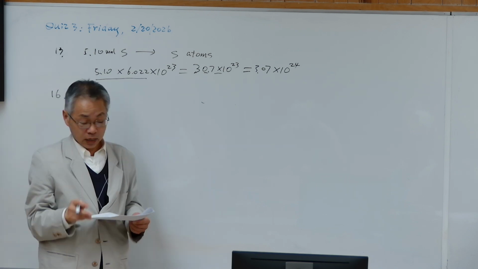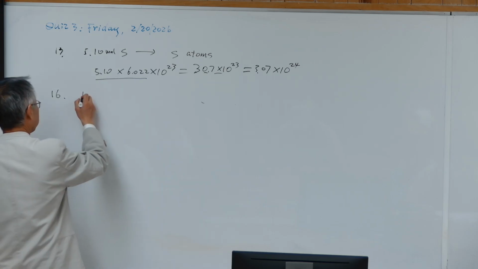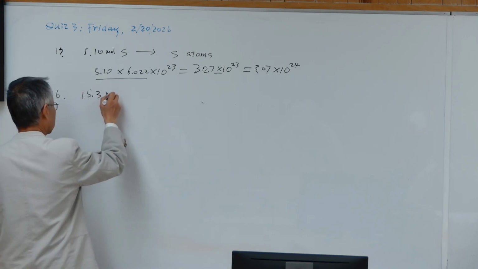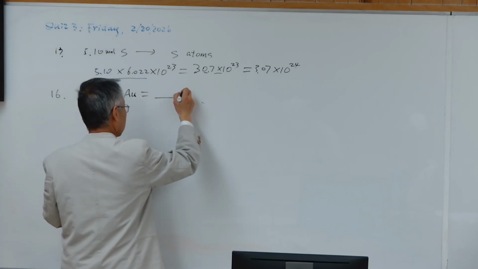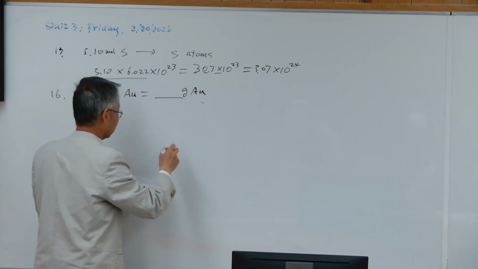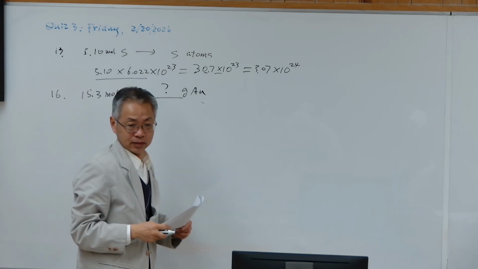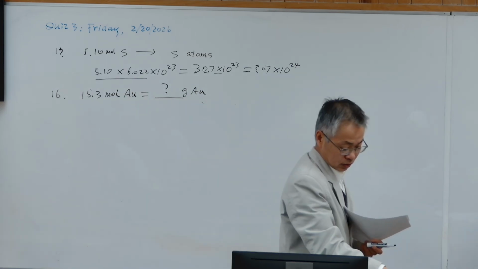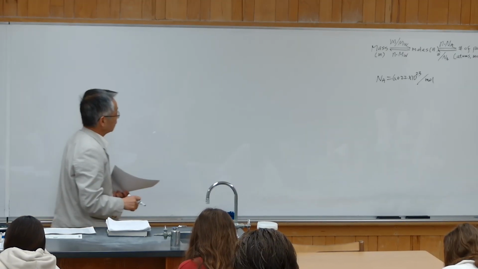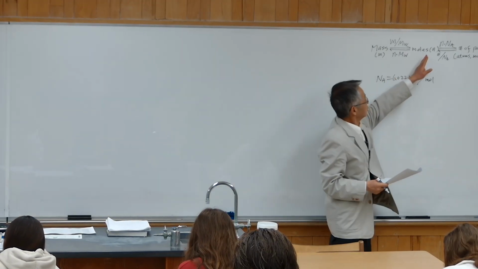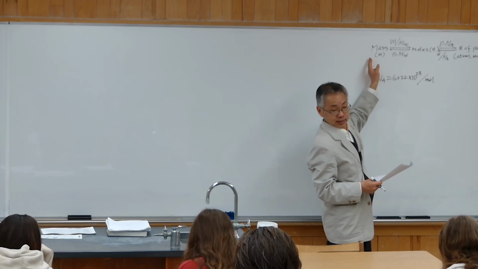It asks you how many grams of gold are there in 15.3 moles of gold. How many grams? So according to this, here you have moles, and it asks you how many grams, that is mass.